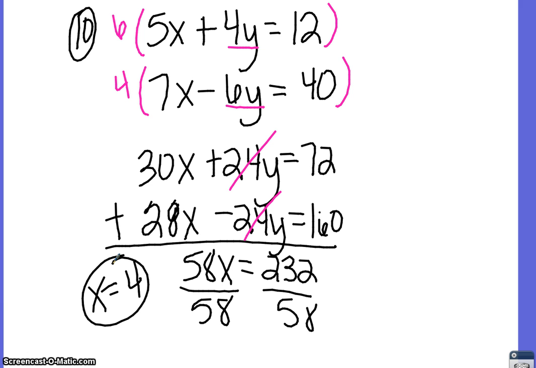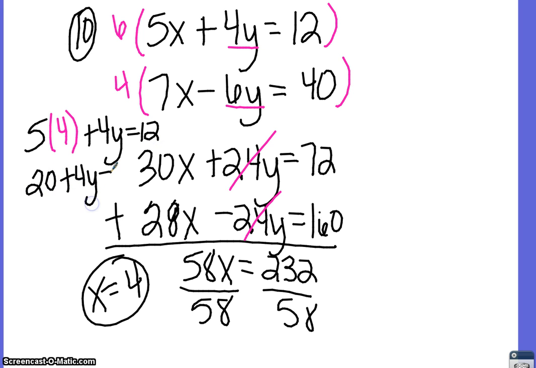Do you think it matters which equation I choose to plug it back into? You're right, it doesn't. So if I plug it back into 5x plus 4y equals 12, I have 5 times 4 plus 4y equals 12. I have 20 plus 4y equals 12.